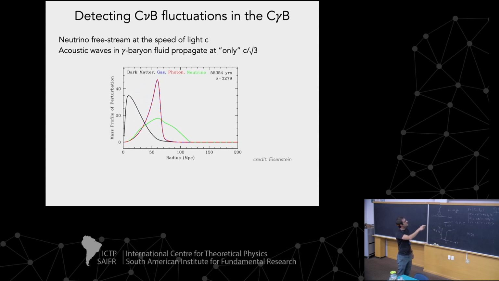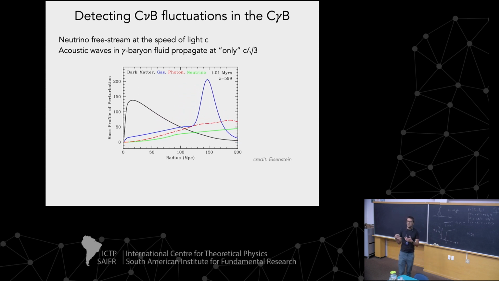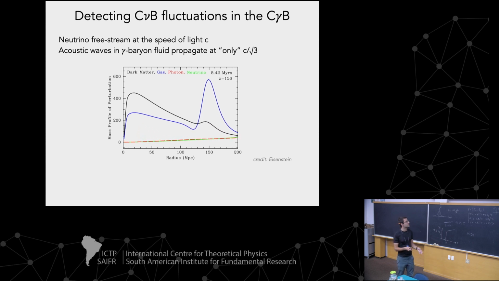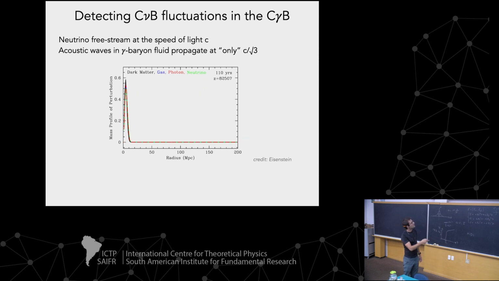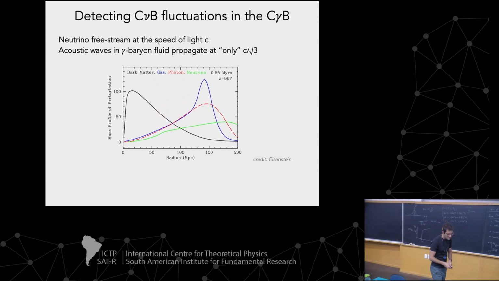Again, the gas and photons travel at the speed of sound, which is the speed of light over √3. But the neutrinos in green, you see a lot of neutrinos traveling faster than this. That's because neutrinos, when they're relativistic, actually travel at the speed of light, not the speed of sound, which is the speed of light over √3. And so what you're seeing here is that the neutrinos are sort of ahead of the photon-baryon plasma.